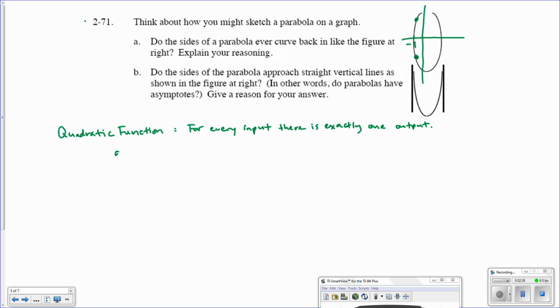So for letter A, no, the sides of a parabola will never curve back, because that would cause some inputs to have more than one output.